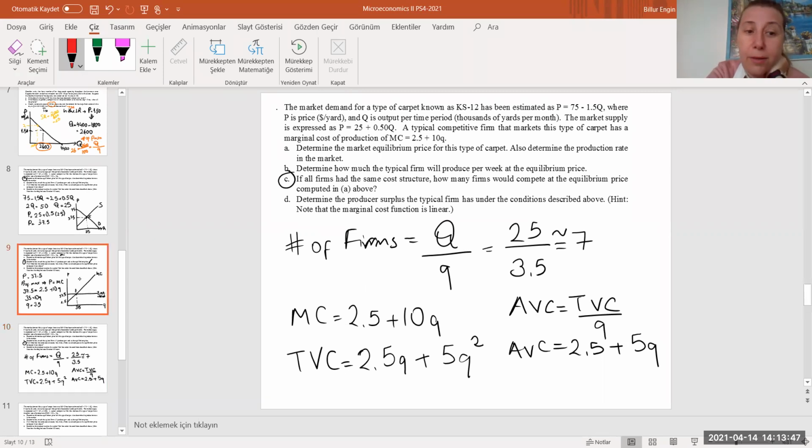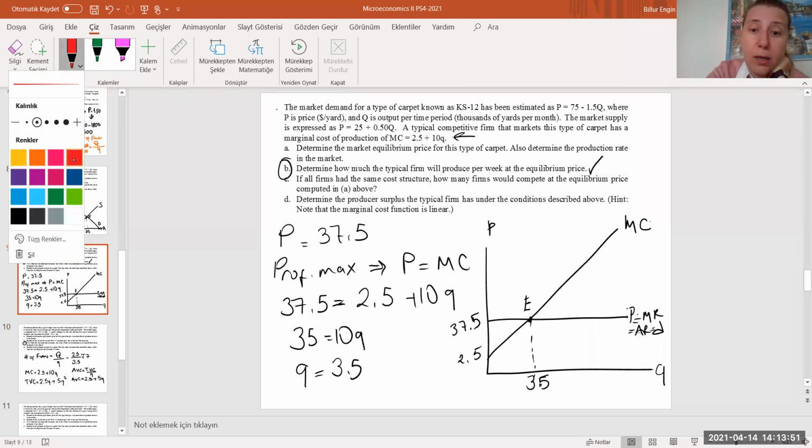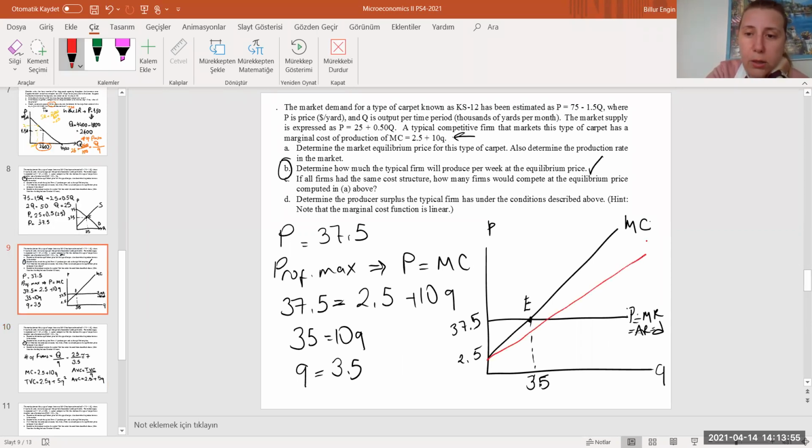So it is flatter than the marginal cost, which means that it will lie below the marginal cost. That is the average variable cost, which means that marginal cost is here. Marginal cost is always above the average variable cost, except at the point where Q is 0.